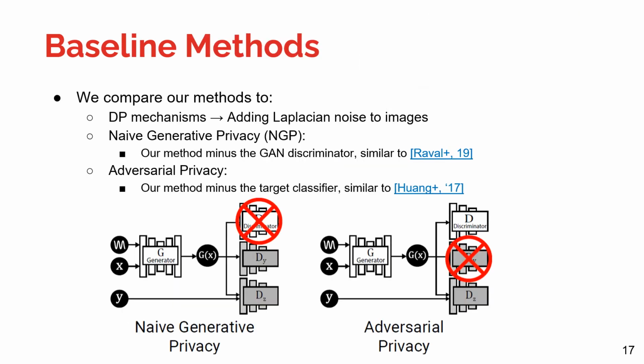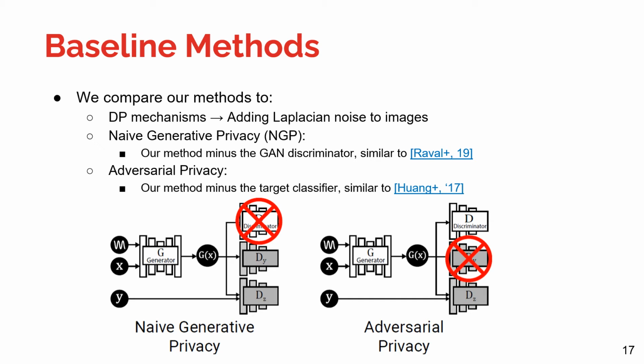There are 2 major groups of prior work that we compare our method to. The first one is when the generator simply tries to fulfill the demands of the target classifier dy while beating the sensitive classifier dz. So it's basically our own architecture, except that there is no discriminator of the GAN, d.